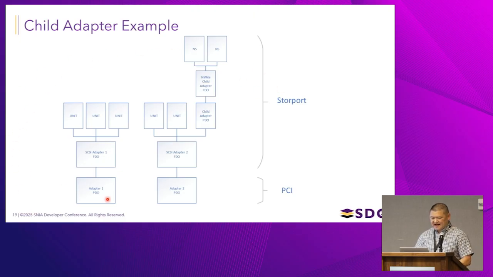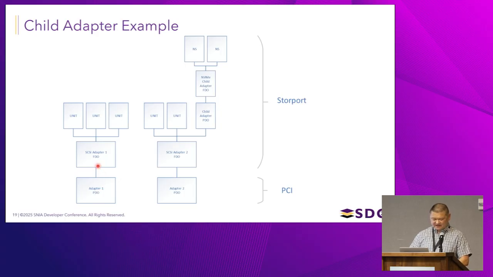So on the slide here, I have a picture that hopefully shows this in a way that's easier to understand. First here, this is what we typically have today. We have the adapter FDO that has an associated adapter PDO.